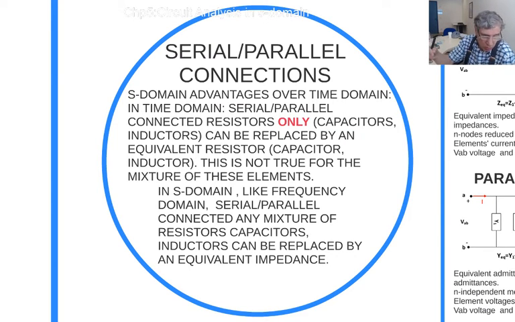Mixture means it includes resistors, inductors and capacitors. In time domain, we already saw that if you use only resistors connected in serial, you can replace them with just one equivalent resistor. If only inductors are connected in serial, you can replace them with one inductor. Those we have seen in time domain.